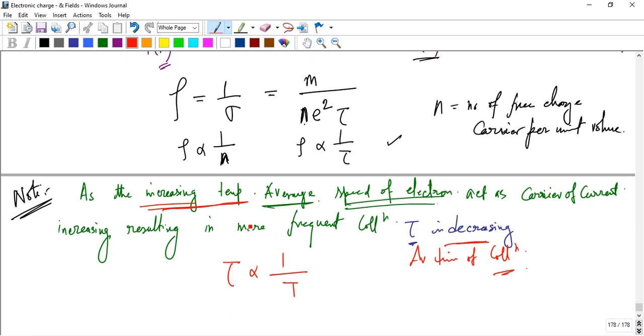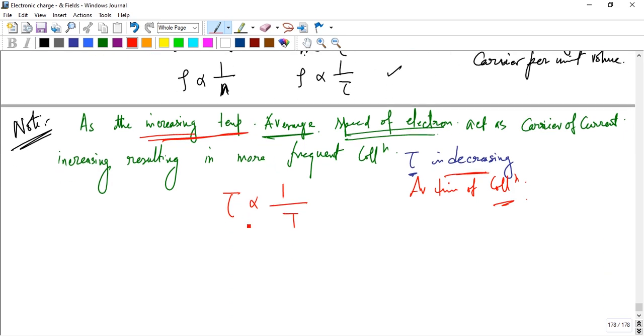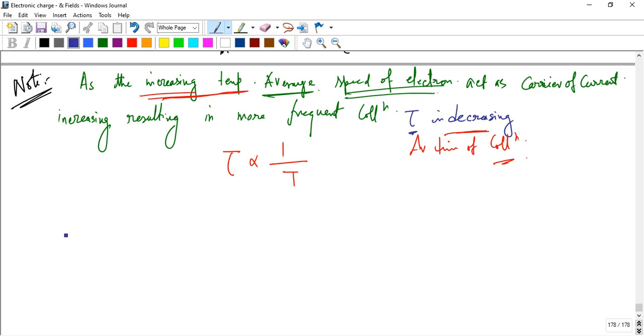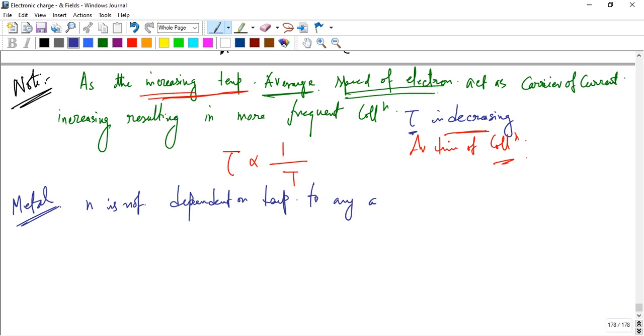But this is obviously for a metal. Now in case of a metal, that's important, N, the charge carriers per unit volume, is not dependent on temperature to any appreciable extent.